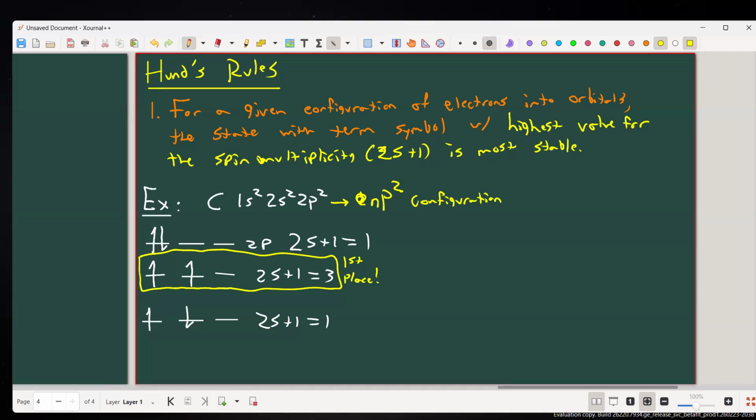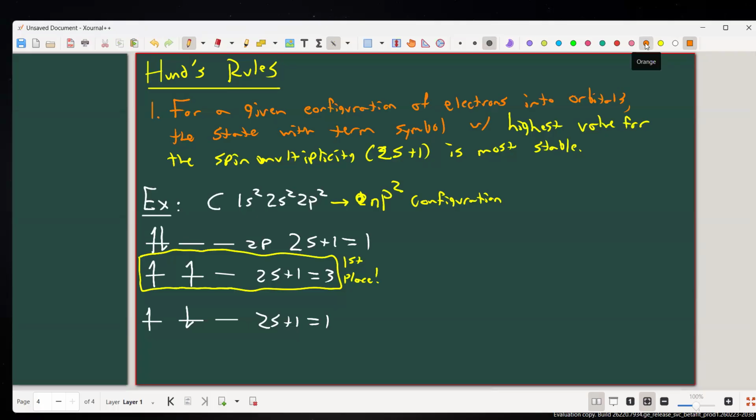We have unpaired electrons in each of the orbitals, and then we start to fill them in. Nitrogen has three unpaired electrons, oxygen has one pair and two unpaired, and so on and so forth. So that gives us that determination.